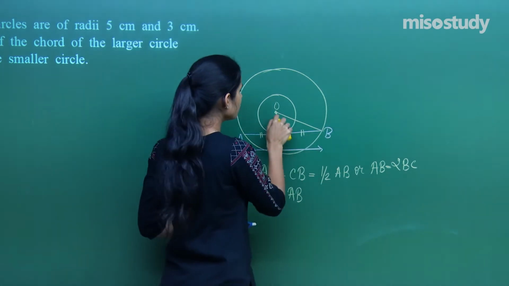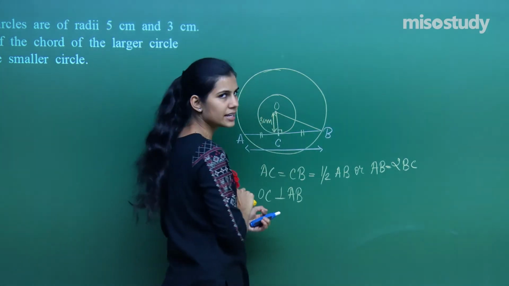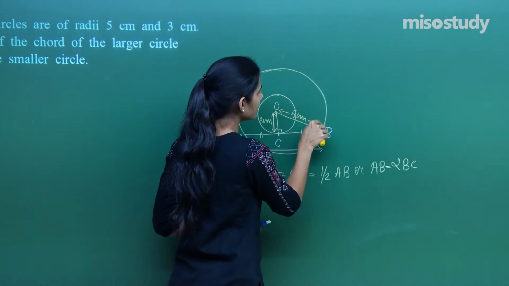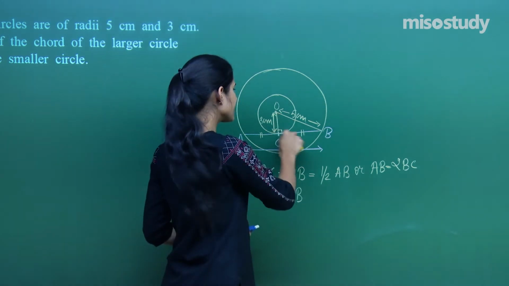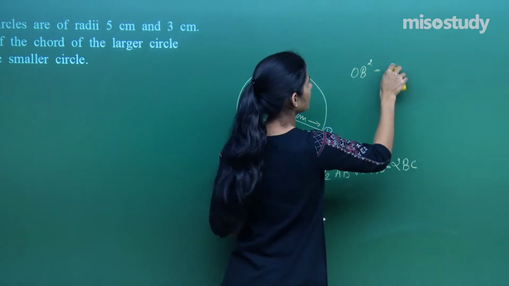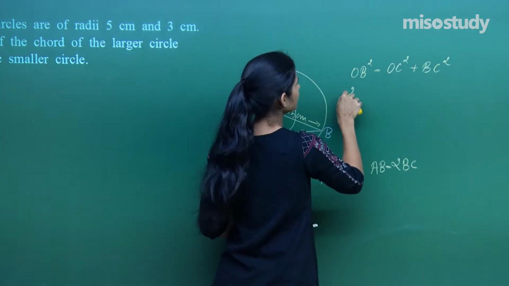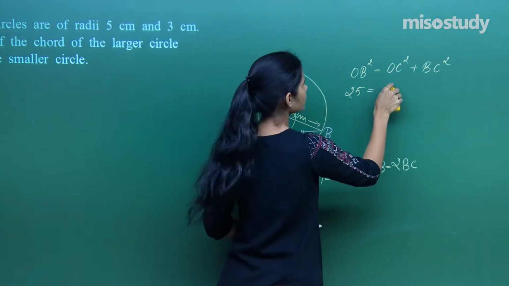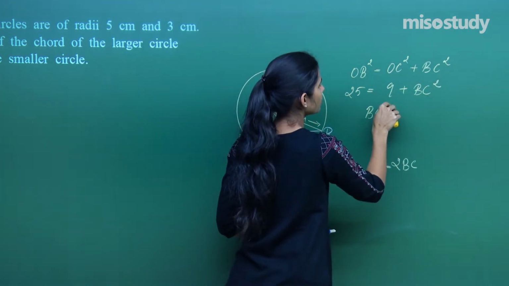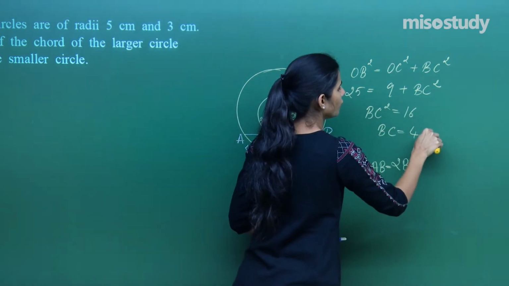Now if you join this, you know that this thing OC is the radius of the smaller circle which is given as 3 centimeters. OB is the radius of the bigger circle which is given as 5 centimeters. And this is a right angle triangle, so you have OB square equals OC square plus BC square. OB square is 5 square which is 25, OC square is 3 square which is 9 plus BC square. So BC square is 16 which implies BC is 4.